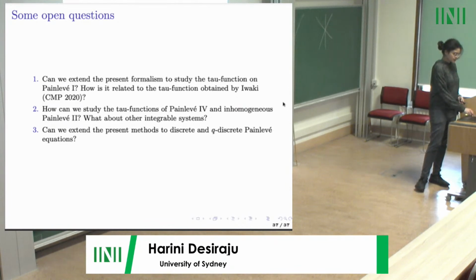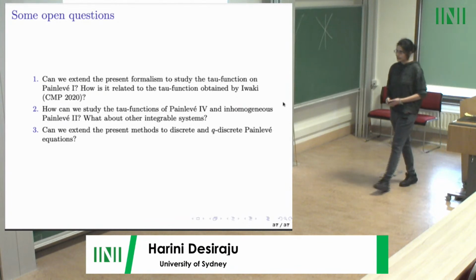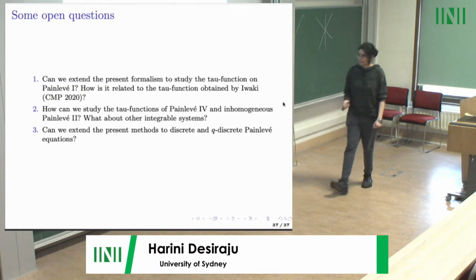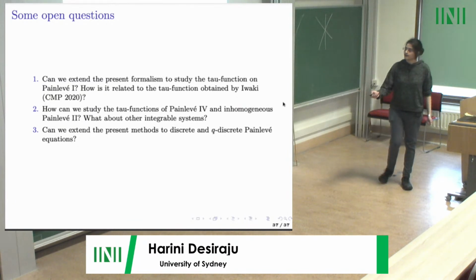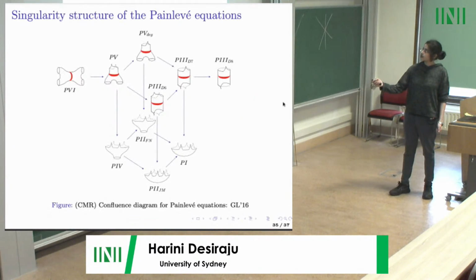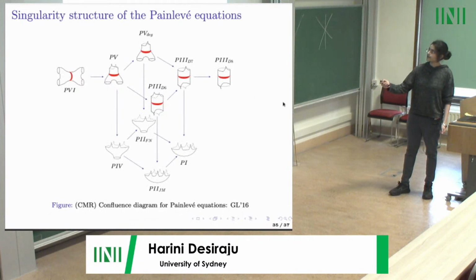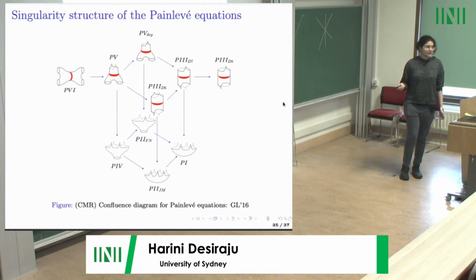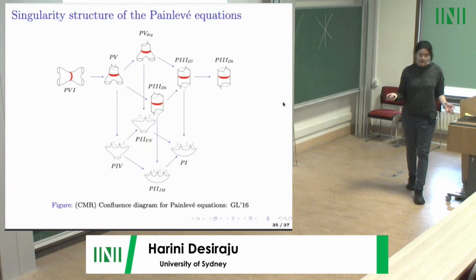So this is where I think some new techniques are needed, but there is a good motivation to do that, because once we understand what is happening for alpha not equal to 0, we also can use the same methods for Painlevé IV.